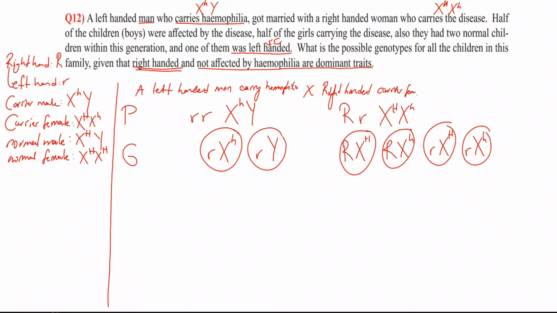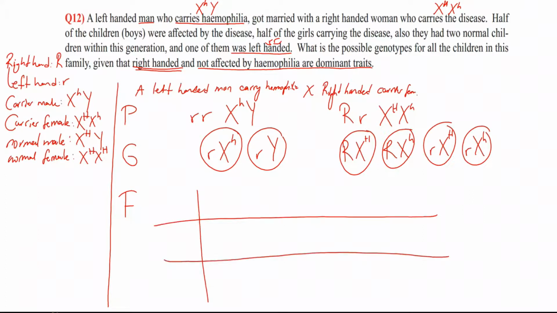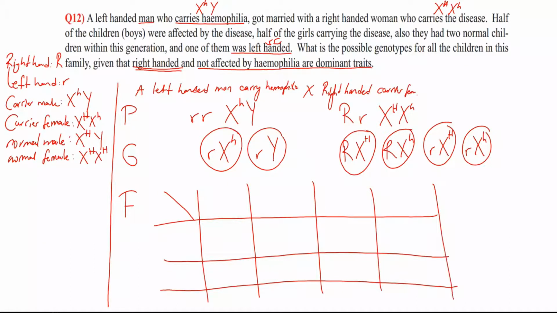What are the possible genotypes for all the children in this family? So we need to draw the Punnett box. The 1, 2, 3, and 4 female gametes, male gametes.